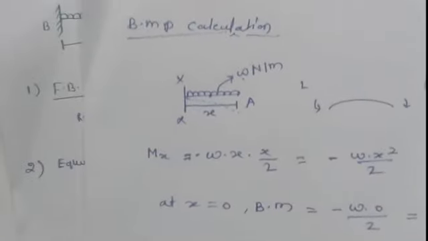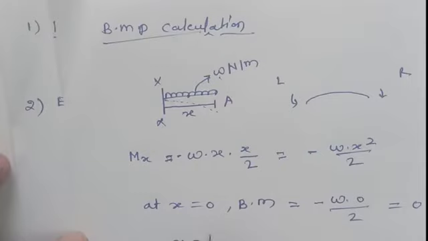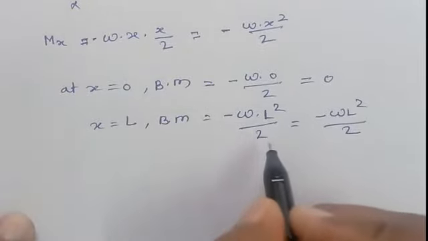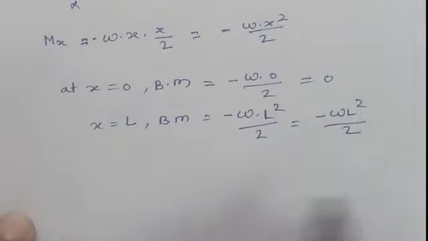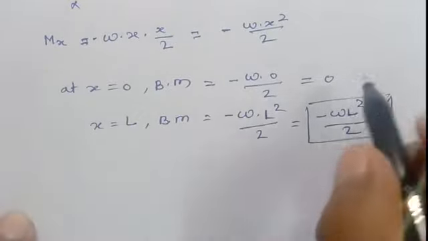And when we move to L distance, from A to B, x equal to L, the bending moment will be minus W L square by 2. So this is the value at L distance, and when x equal to 0, the value is 0.